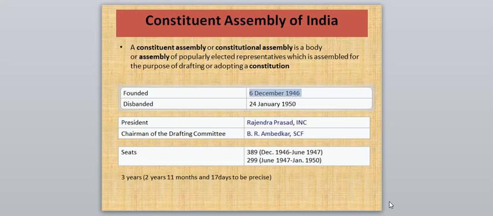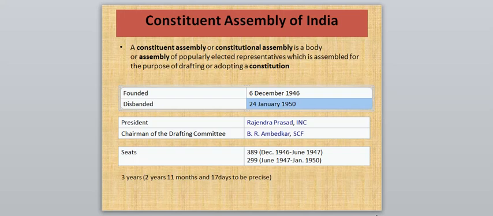So don't be confused, there are two dates. You have to remember that the foundation date is 6th December 1946. The first meeting was 3 days after this, and this Constitution Assembly was there for roughly 3 to 4 years, and it disbanded on 24th January 1950.